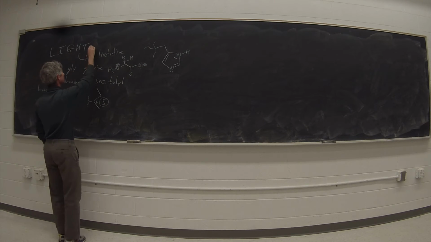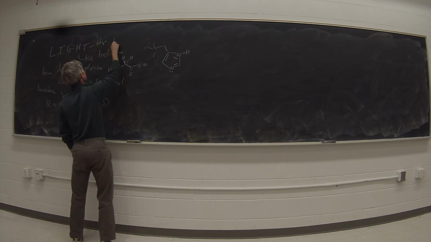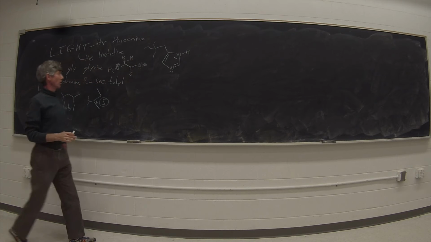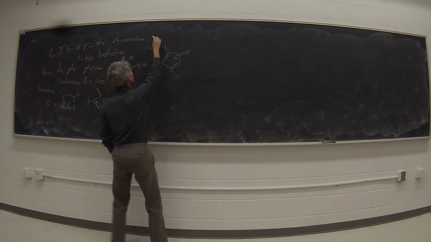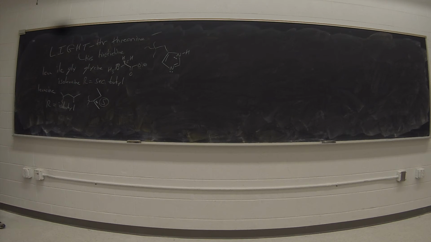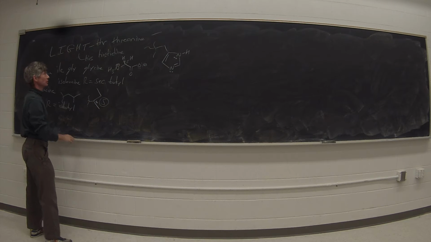And finally, T is threonine, which is THR. And the R group for threonine is one of the four amino acids that doesn't have a CH2 group attached. This one has a CH and a CH3.